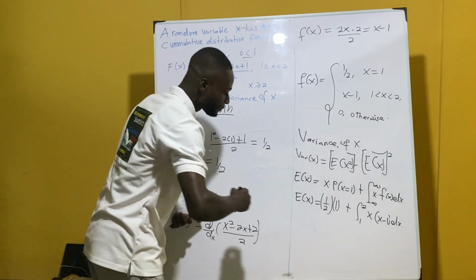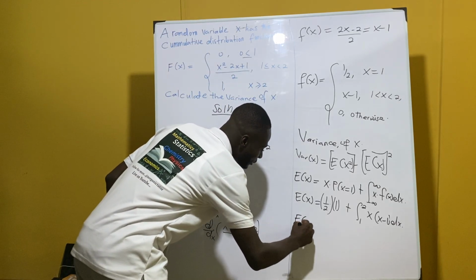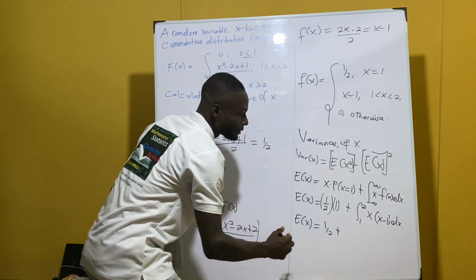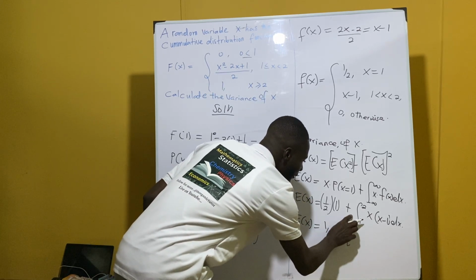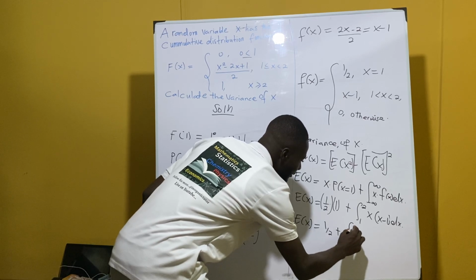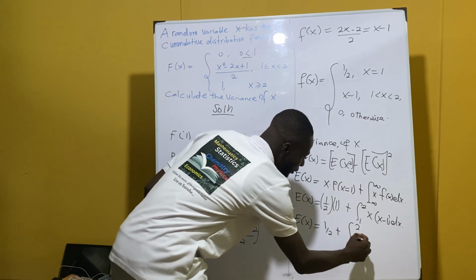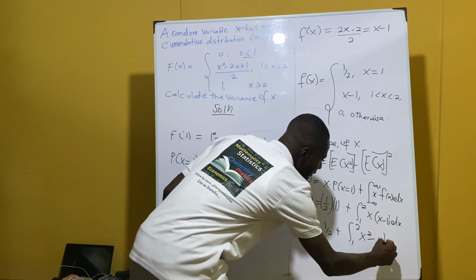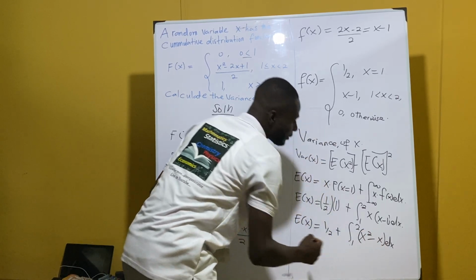From here, we know that the expectation of x is equal to half plus, when we expand this, x squared minus x dx, right?